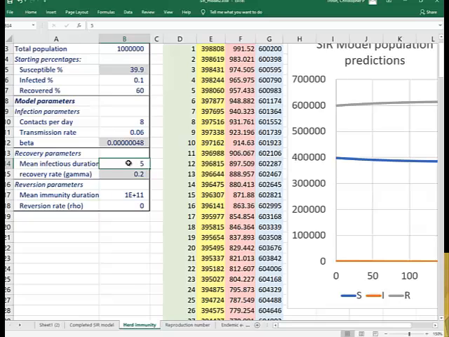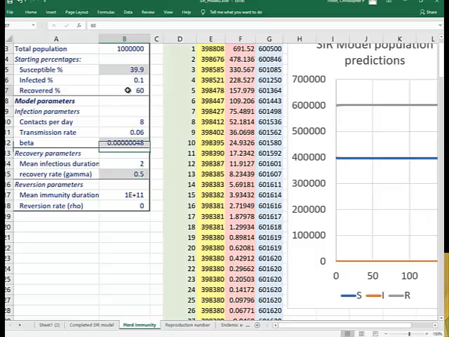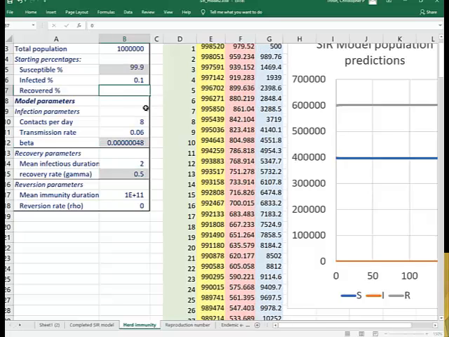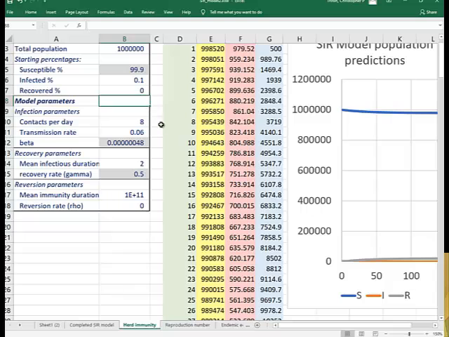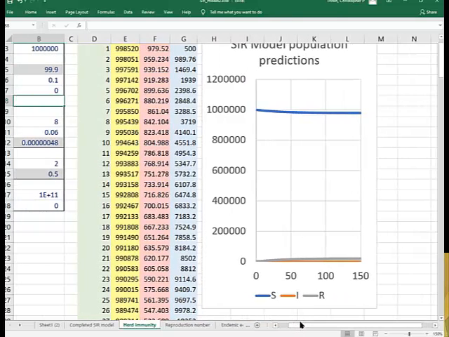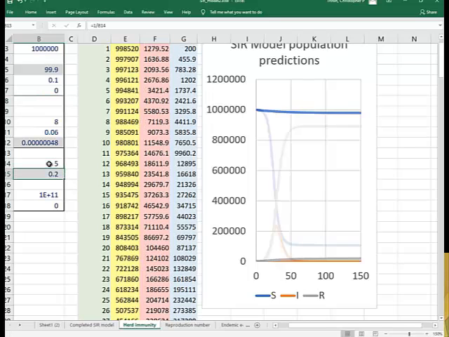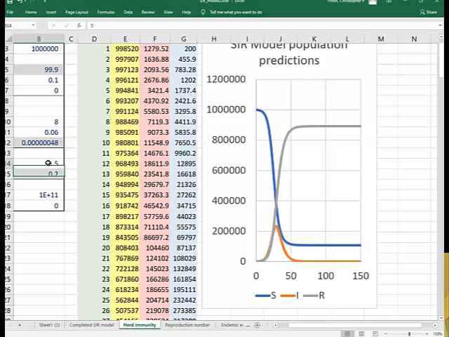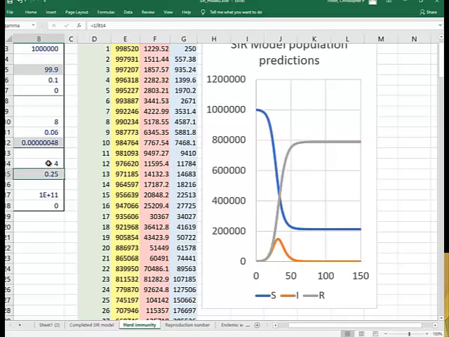So if I reduce this to 2, say, and let's take this back up to 0, you can see that this also greatly reduces the infection. Originally here I had 5, and if I reduce the infectious duration even to 4, you can see how the peak is flattening.